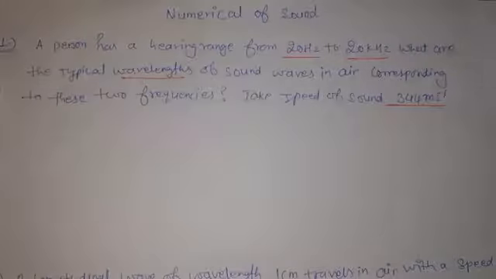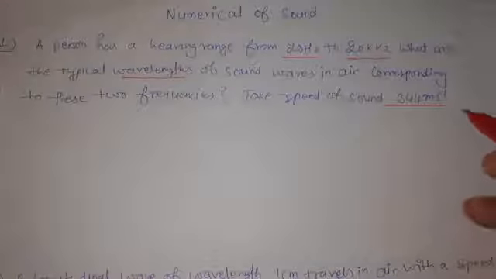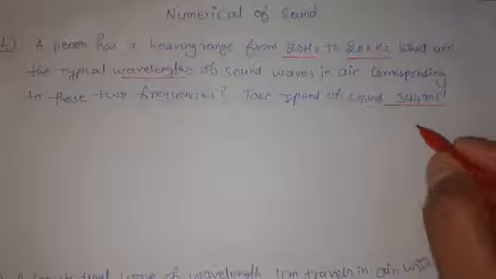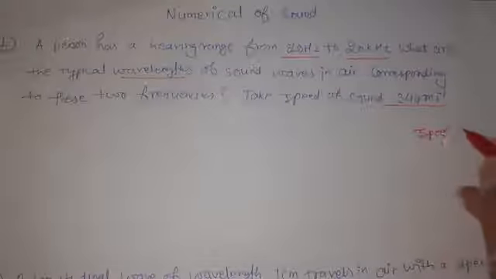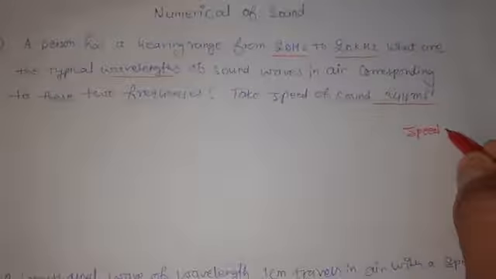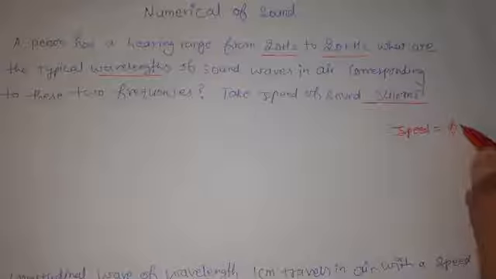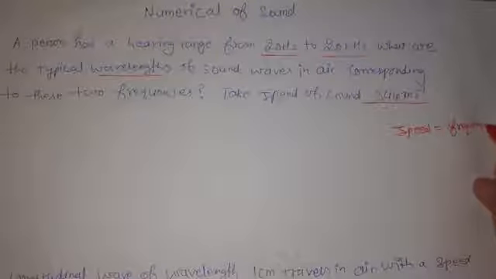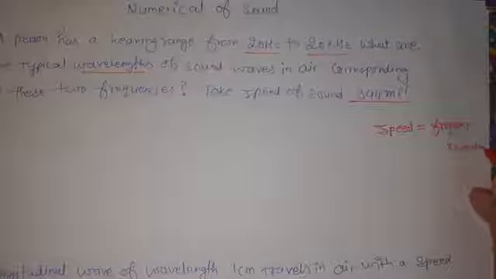First, we need to understand how to find the speed of sound. Sound is a wave, and the speed of this wave is given by frequency into wavelength. This is the formula.